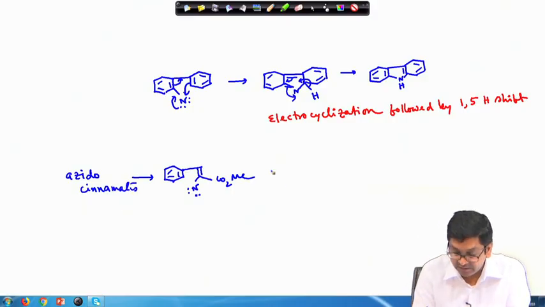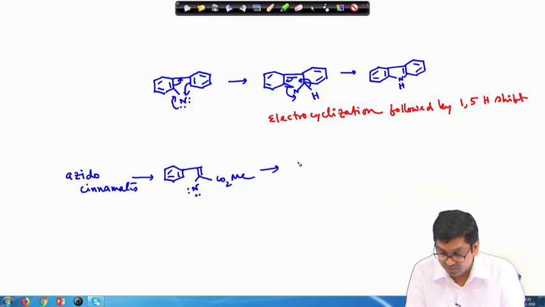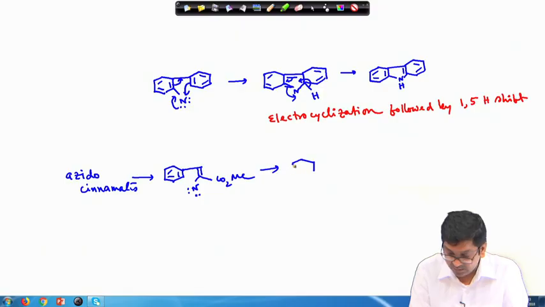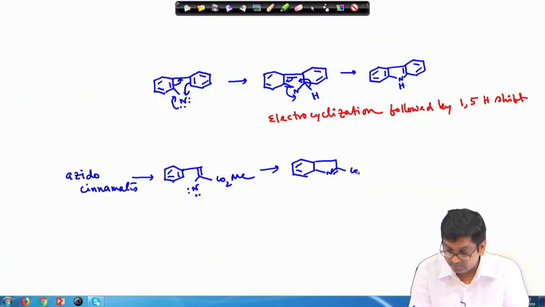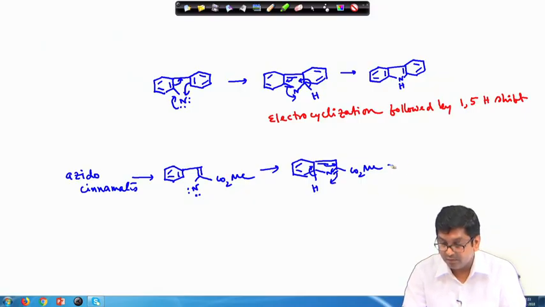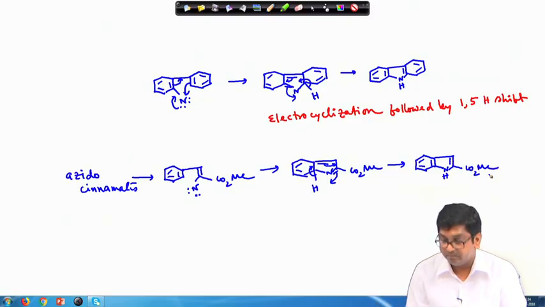Okay. So, in this case what will it give? It will also go in a similar mode of electrocyclization followed by 1,5 hydrogen shift, and in that case first it will again give, and then 1,5 hydrogen shift to provide the product.